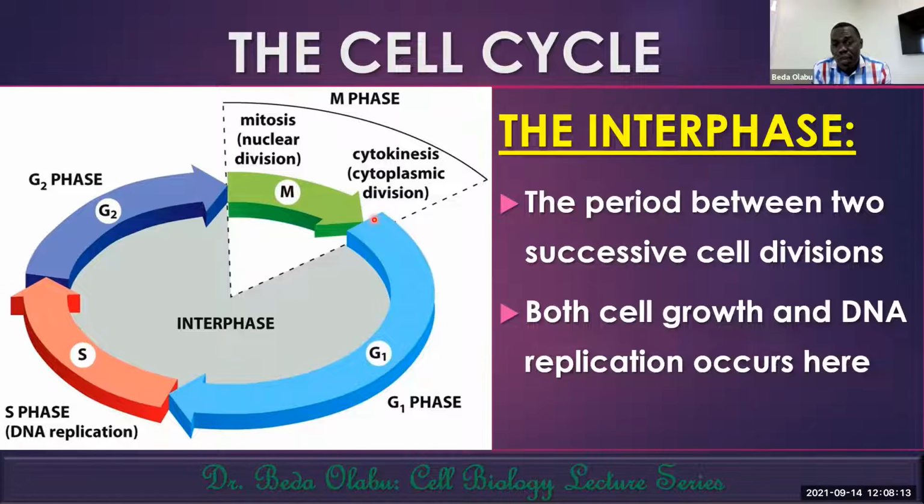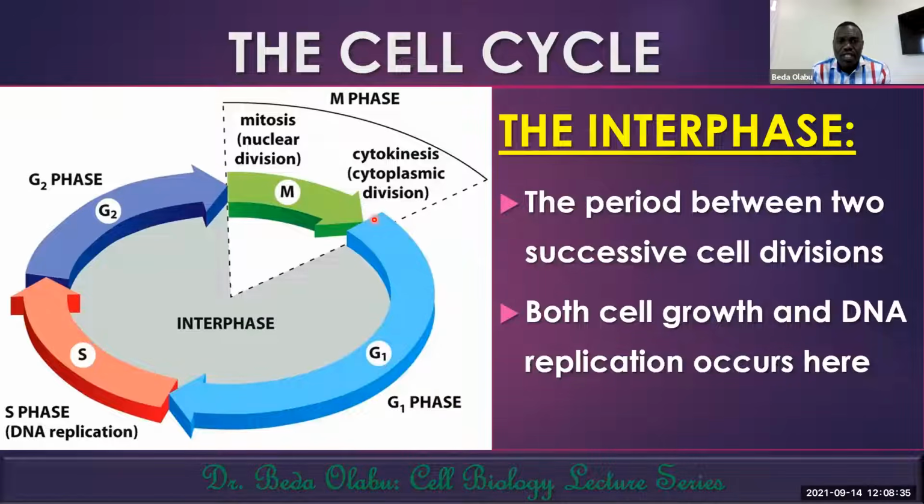Perhaps you're asking why the cell needs to replicate its genetic material. Let's think for a moment that it is possible to count the DNA that a cell has. And let's also assume that we found that each cell has 200.